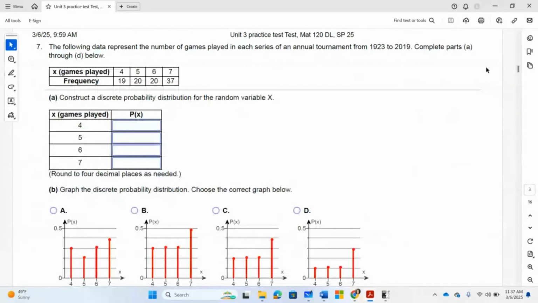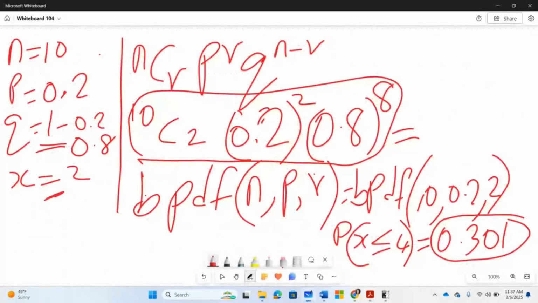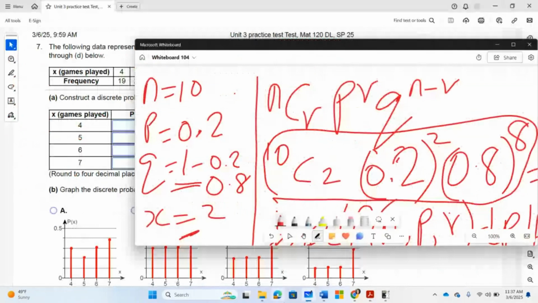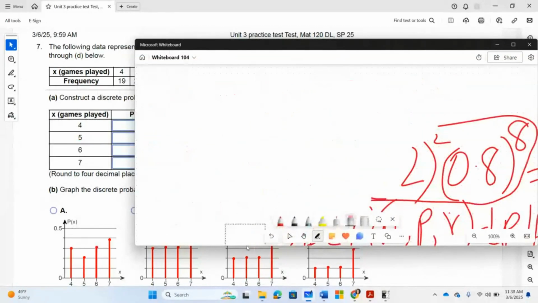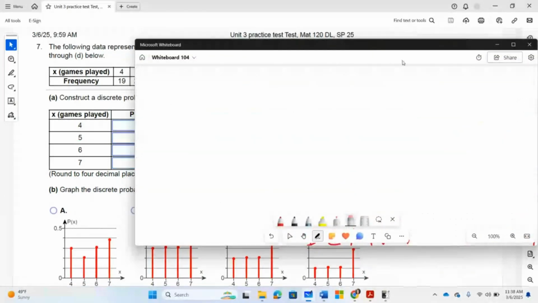So I'm taking number 7. In number 7, they give me, so I'm going to clean this up. I'm told to convert the table from frequency distribution to probability distribution. That's actually what this question means.